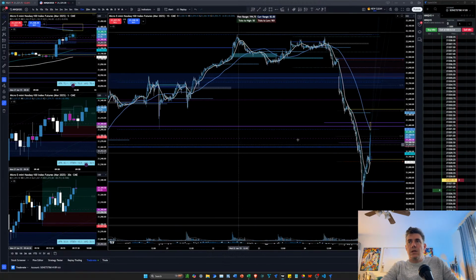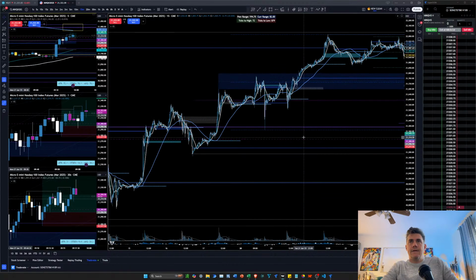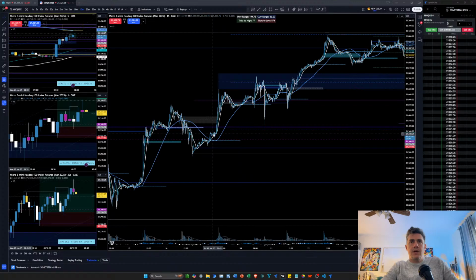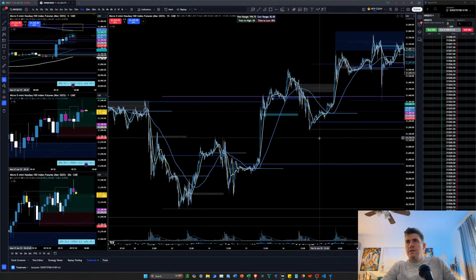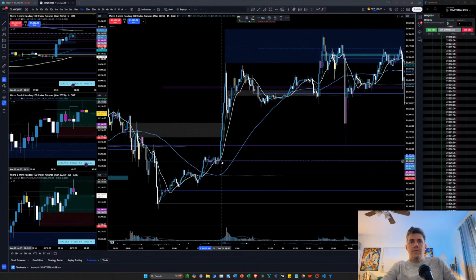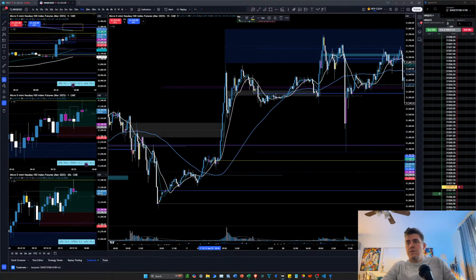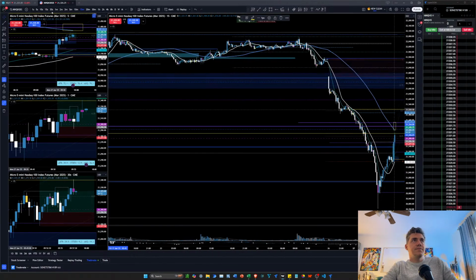Let's see this right here. This is the consolidation I'm looking at. Maybe lower high, higher low. Skip to the front of the line.